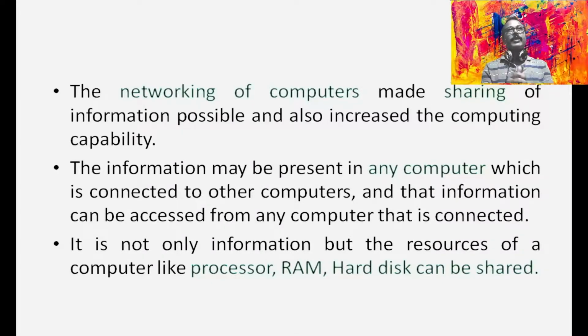Basically you connect them so that you can share the information, share the data. Data includes text data, images, videos, whatever it may be. The information may be present in any computer, it doesn't matter. Also you can share the resources.